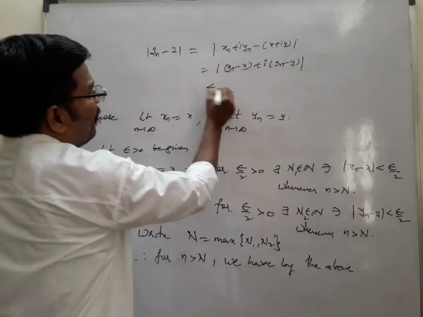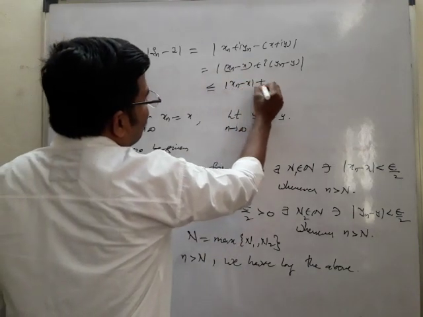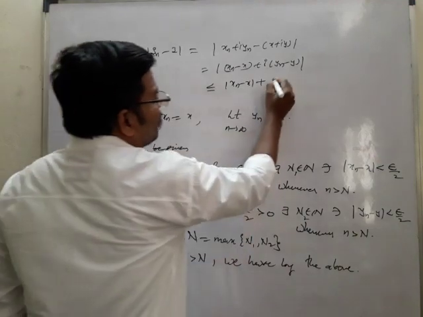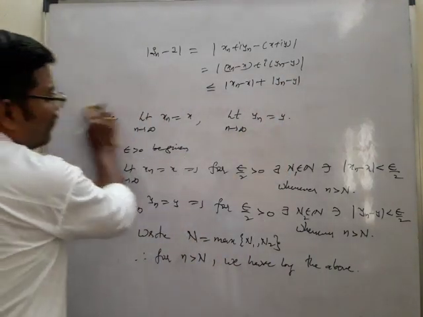So if you apply mod inside, mod xn minus x plus mod i, which is 1, times mod yn minus y. Now this is what we have.